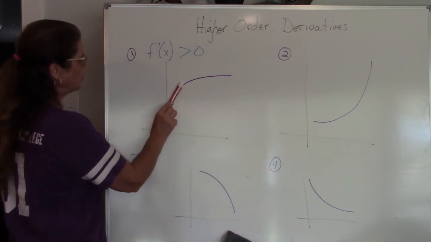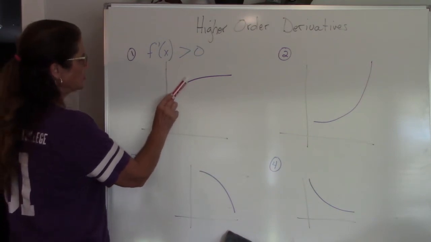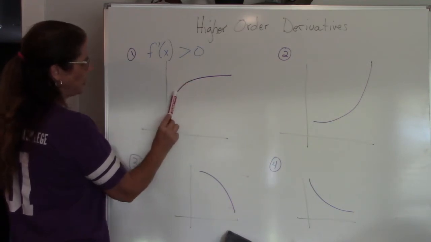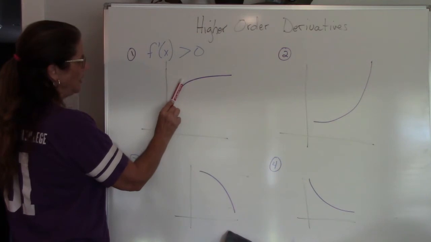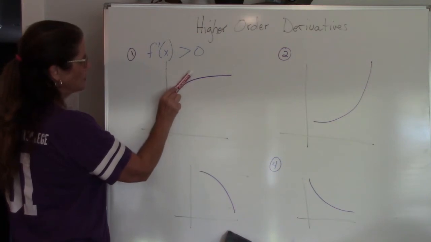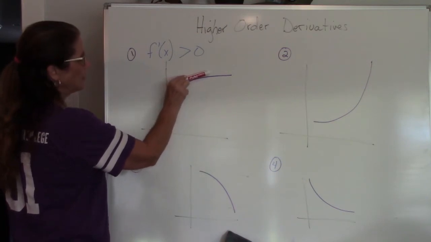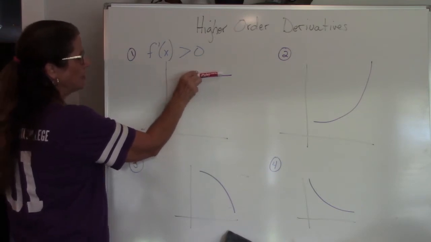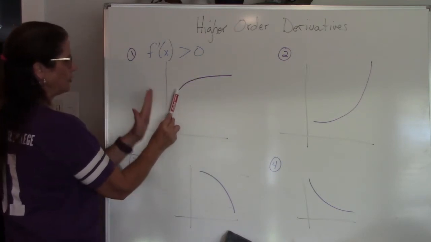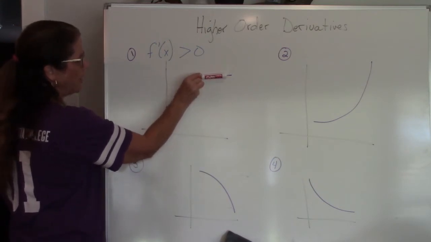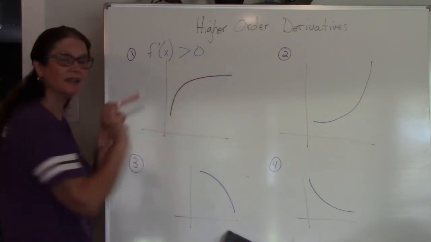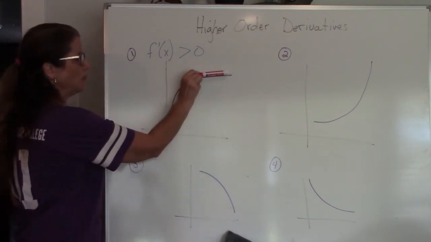Then as I move along this function, the slope starts slowing down. Here my rate of change is very steep, and then as I move along, my slope gets less and less steep, so the pitch changes. Here I have a very steep slope, and here I have a very shallow slope. It's still rising, but it's just barely rising.